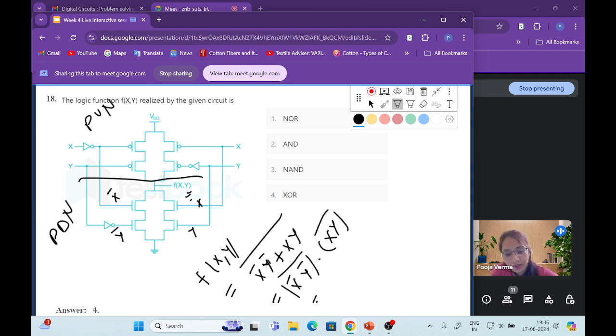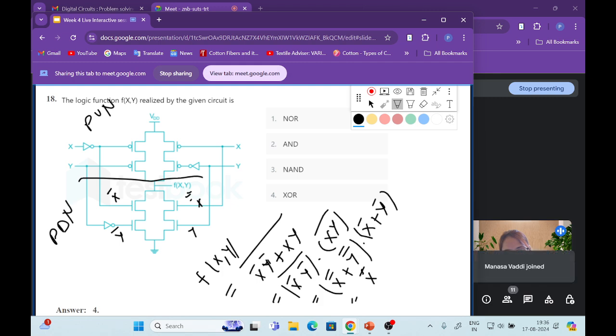Now again further if we solve it, we will get x double dash plus y double dash into x dash plus y dash, right? So we will get here only x, double dash will be cancelled, x plus y in one bracket, and x dash plus y dash in the another bracket, right?